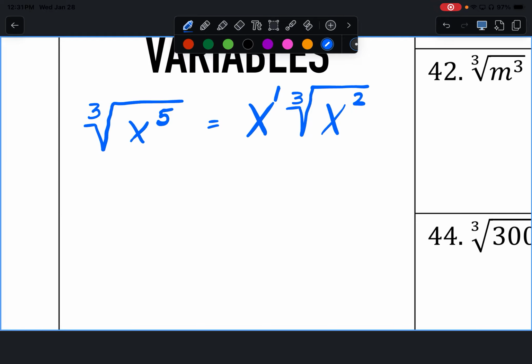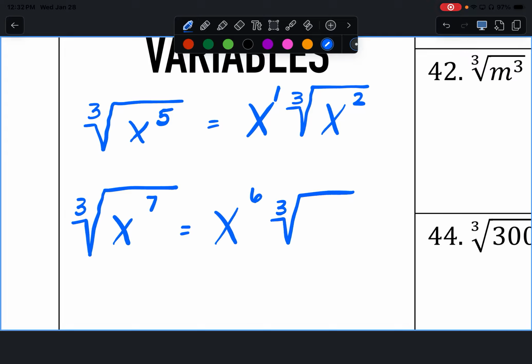So if we do the cube root of x to the 7th, okay, how many times can 3 go into 7? Okay, and how many will it have left over? Oh, wait. How many times can it go into 7?